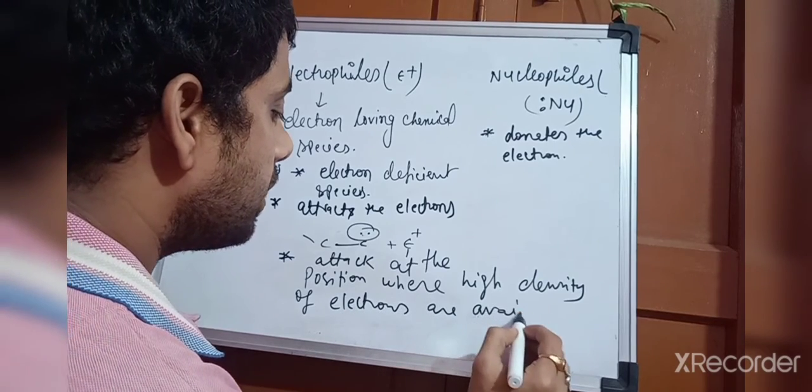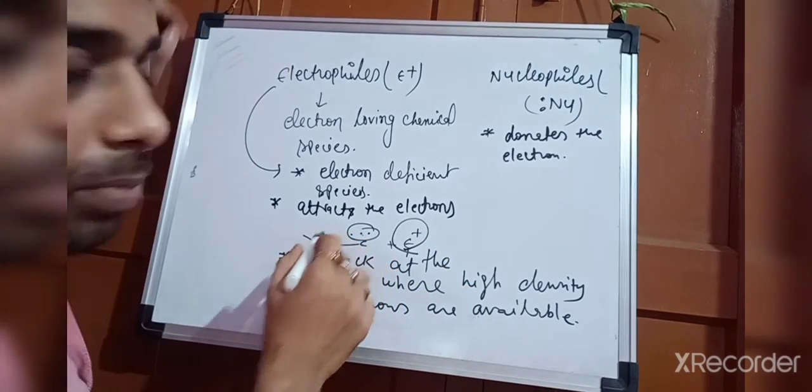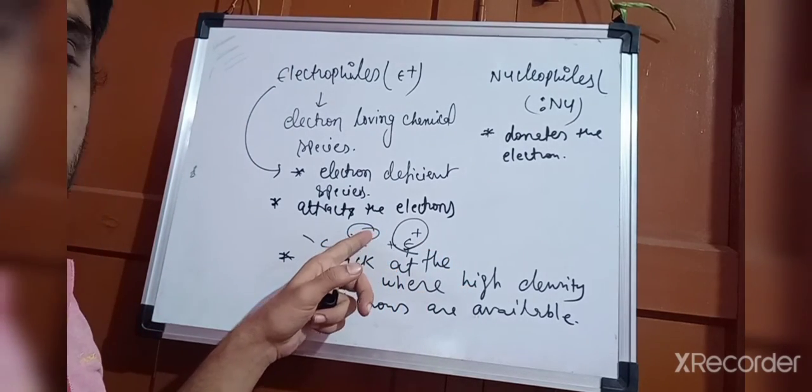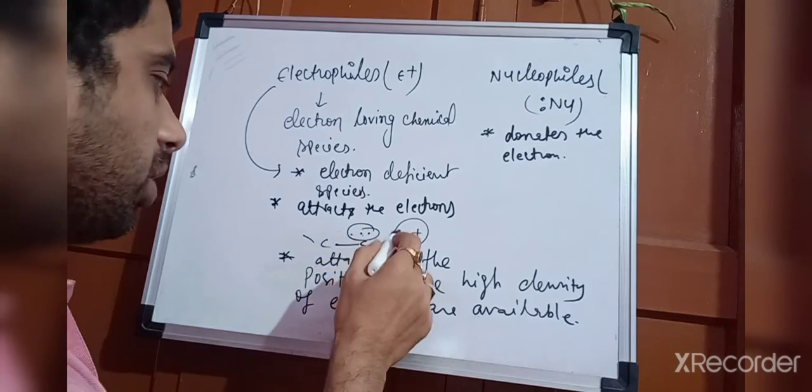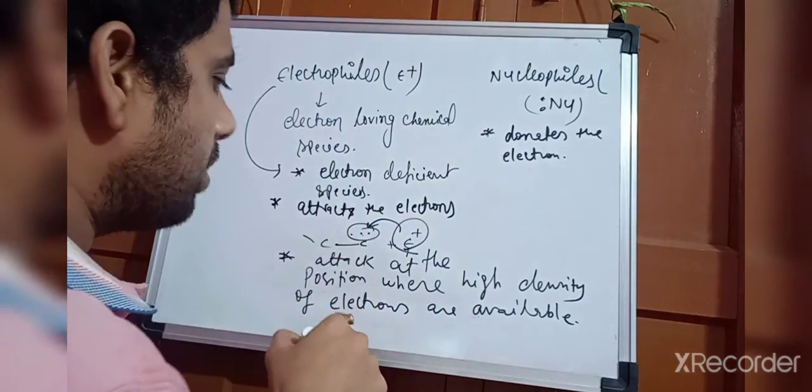You have understood? Where will the electrophile attack? Where the bond has broken and the electrons are available. Only at that place will the electrophile attack.